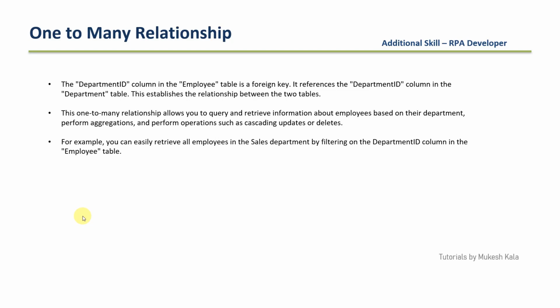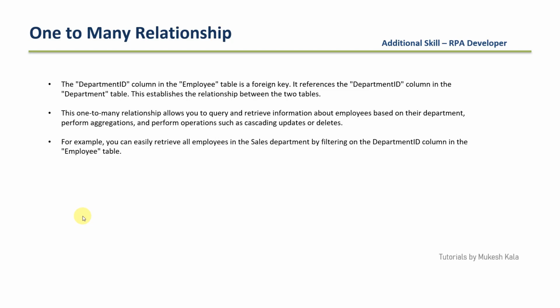With the help of a foreign key, we are also managing the one-to-many relationship, which means that now I am free to retrieve the data from the employee table based on the department table. I can always write a query and see how many employees I have got in the sales department, how many employees I have got in the HR department.